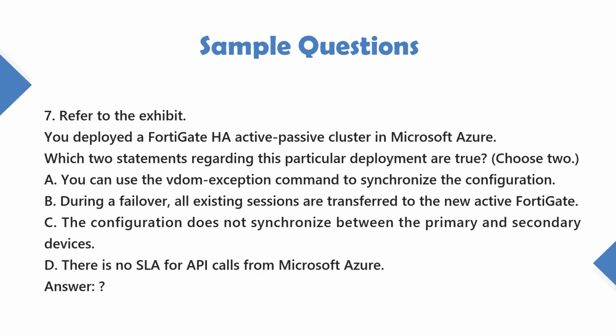B. During a failover, all existing sessions are transferred to the new active FortiGate. C. The configuration does not synchronize between the primary and secondary devices. D. There is no SLA for API calls from Microsoft Azure.